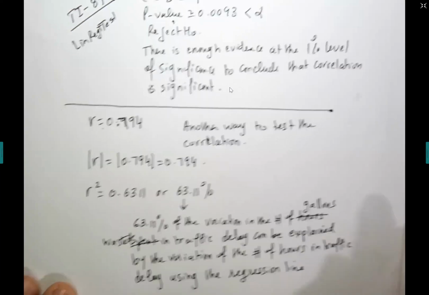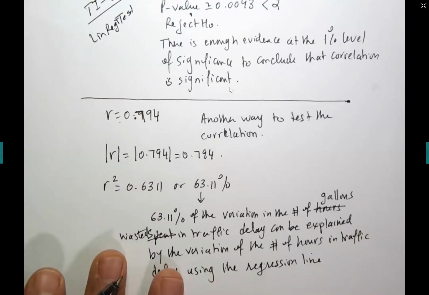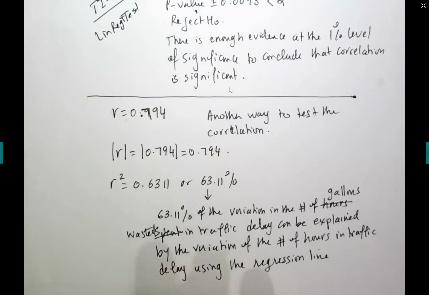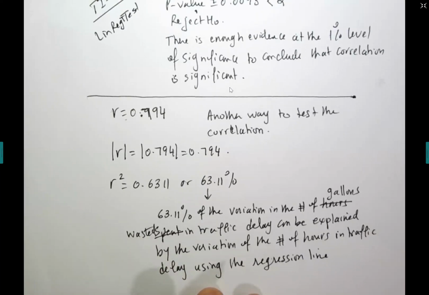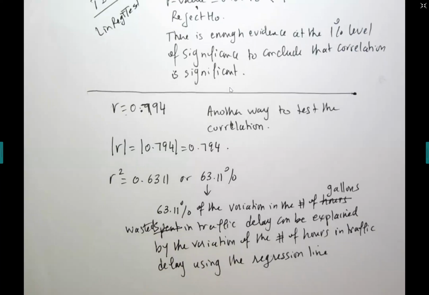So my question to you guys, so this tells us 63% of the story, that if you spend more time waiting in traffic, you're going to consume more gas. But there are some other factors that would make your car consume more gas. Can you guys tell me about those factors? It's not 100% that it is because you're waiting in traffic. There are some other factors that are hidden here, not explained.